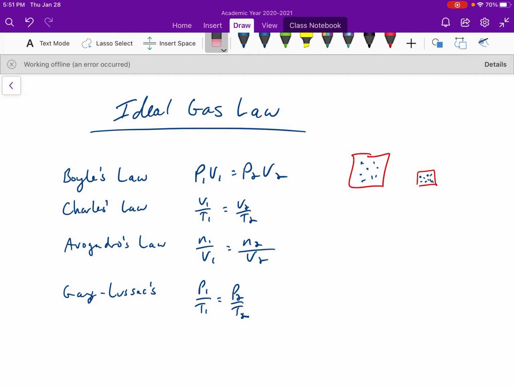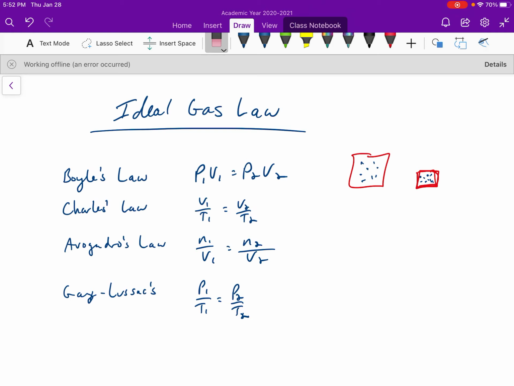Okay, well now look at this one. If temperature doubles, shouldn't volume double? But we all said the start of this whole thing was that volume halved, right? And so that's what I mean by this. This gets messy really quickly.